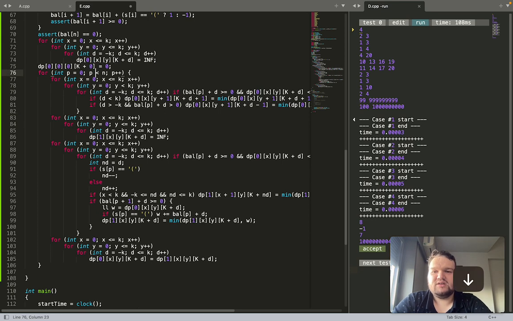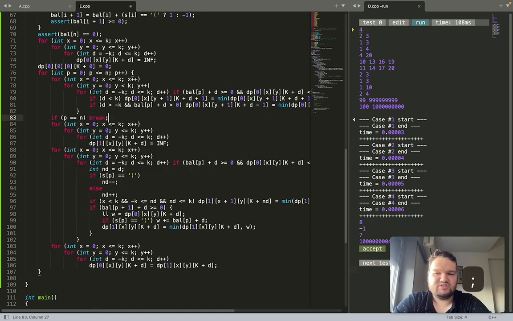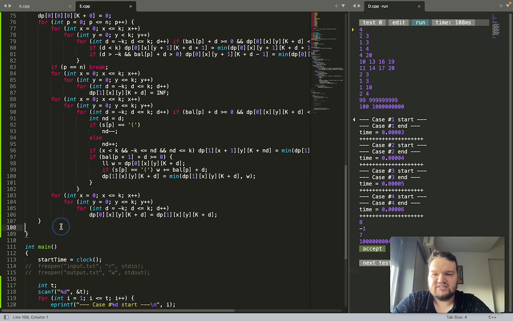So we will say not strictly less here, but if p is n, then we should stop. There is no next symbol to consider. All right.